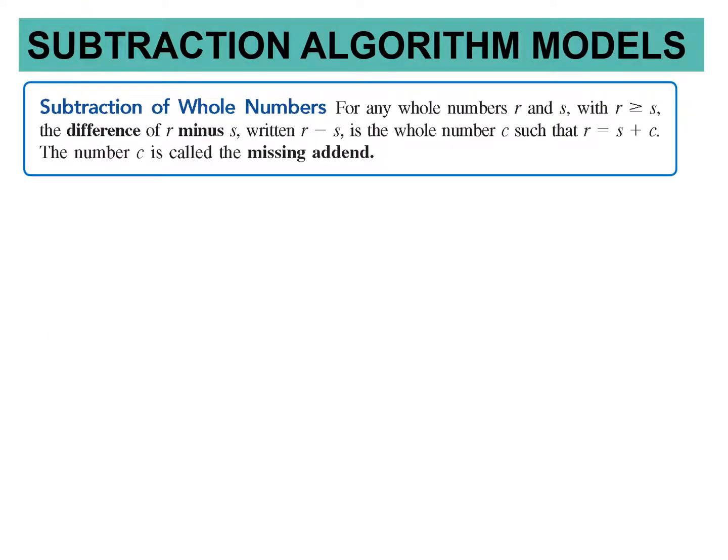So this is the definition you'll see in your book. For any whole numbers, R and S, so again, you got to tell which numbers you're talking about, so that R is bigger than S. The difference of R minus S, so notice difference, that means subtraction, and also minus, is written R minus S, and the answer is C, some number, such that if I add it back to S, I get R. This number C is called the missing addend.